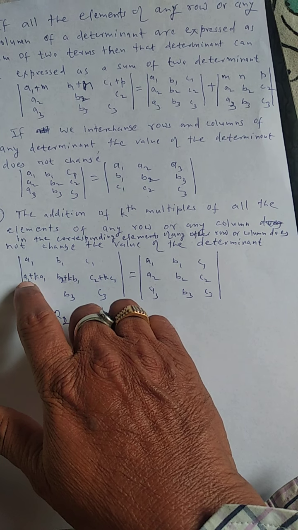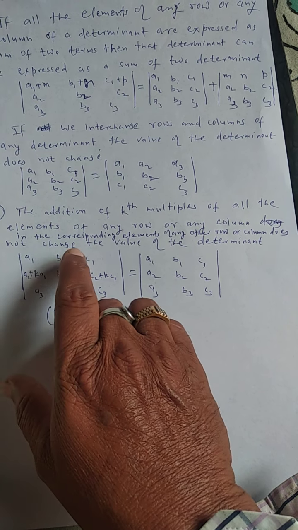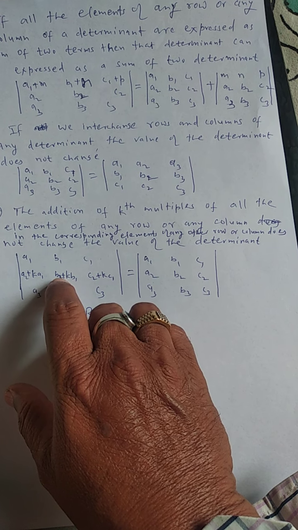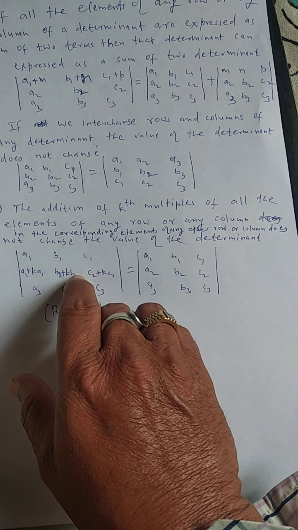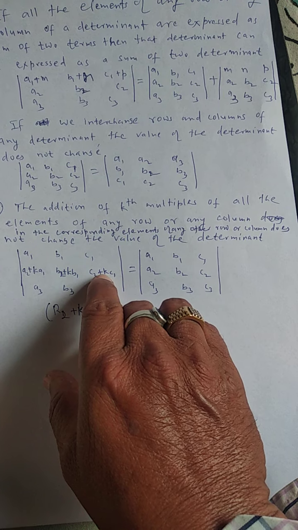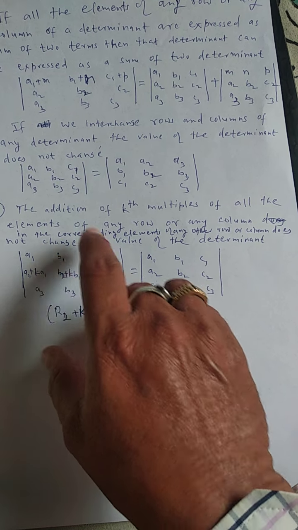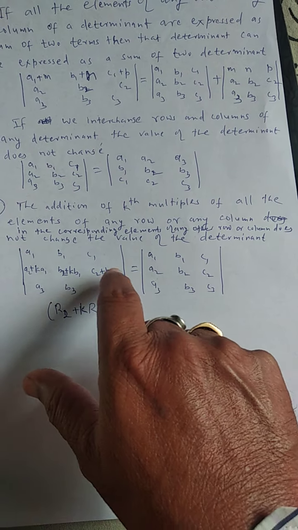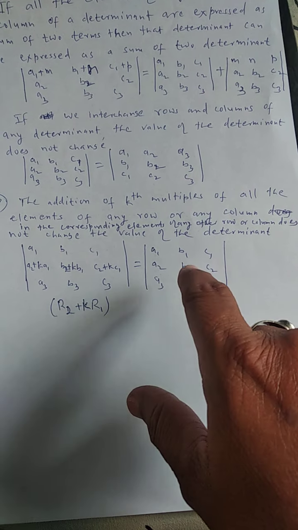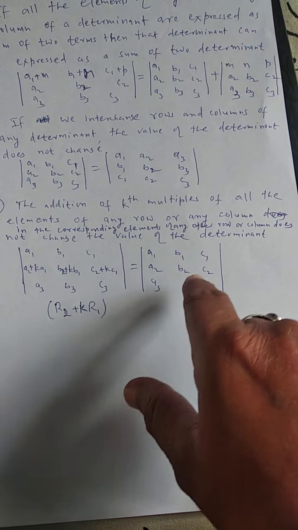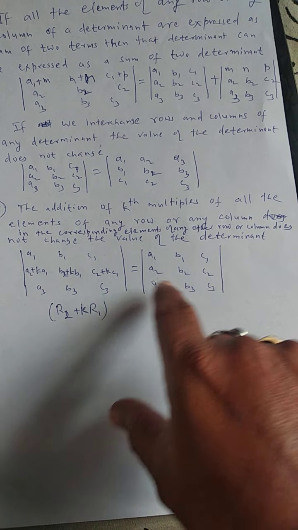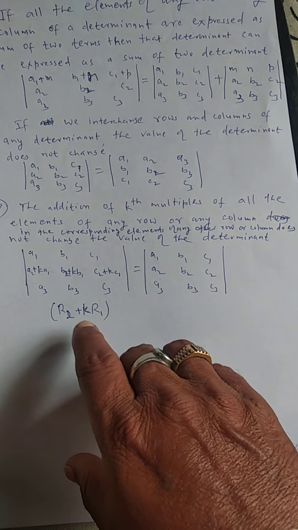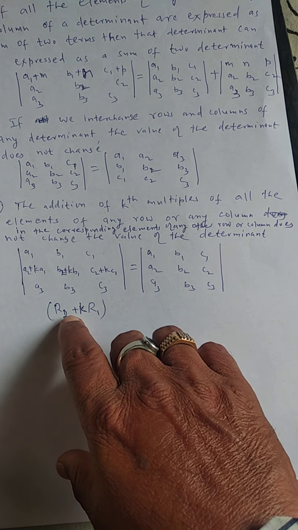So instead of a2 it is a2 plus ka1, instead of b2 it is b2 plus kb1, instead of c2 it is c2 plus kc1. This is our new determinant, but still the values of this determinant and the original determinant remain the same.